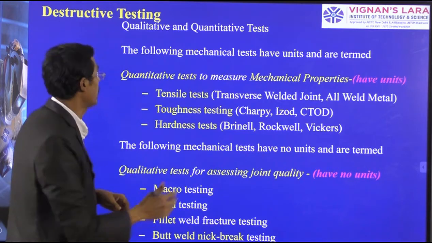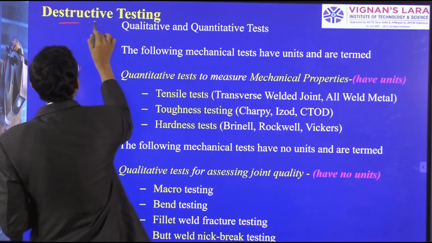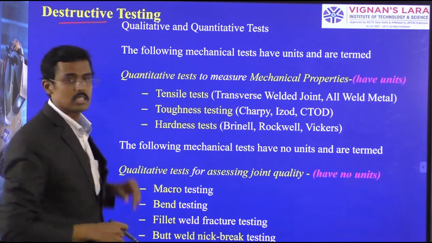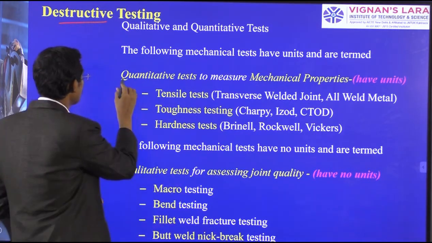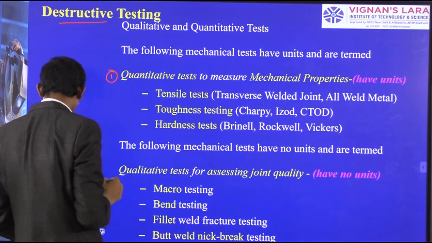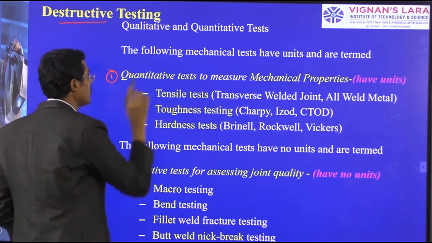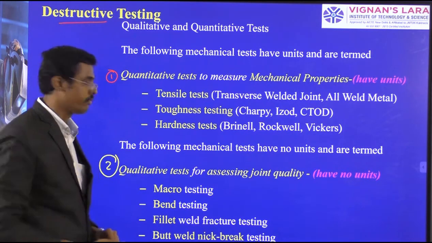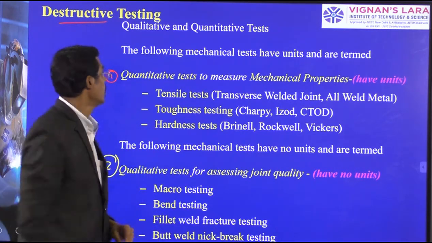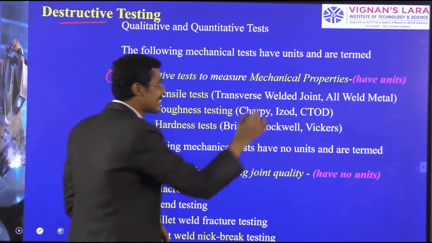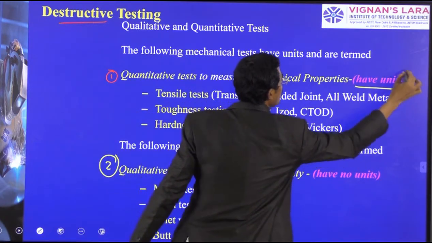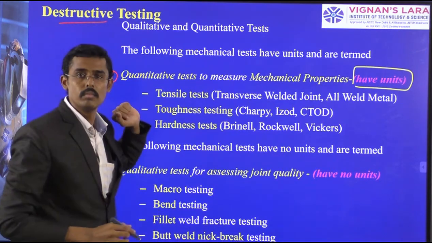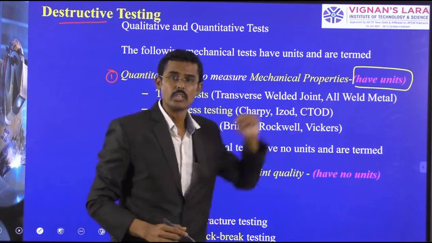On inspections, I am classifying into destructive tests and non-destructive tests. In the destructive test, again I am classifying into two categories: quantitative tests and qualitative tests. The important point we should note is that quantitative tests have units.